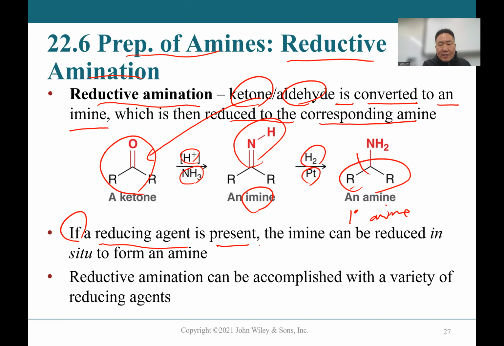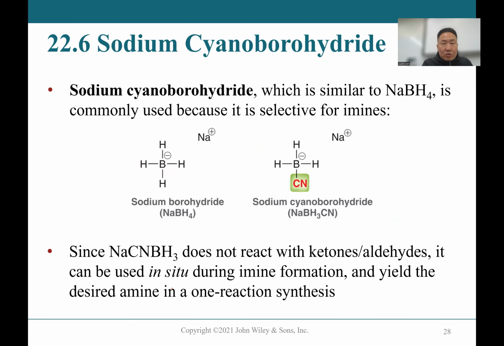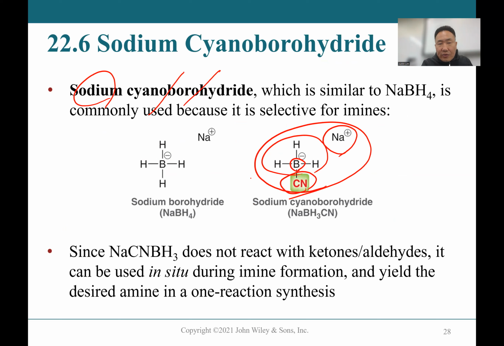If a reducing agent is present, the imine can be reduced in situ to form amines. Reductive amination can be accomplished with a variety of reducing agents. So you can use sodium cyanoborohydride because it is selective for imines.